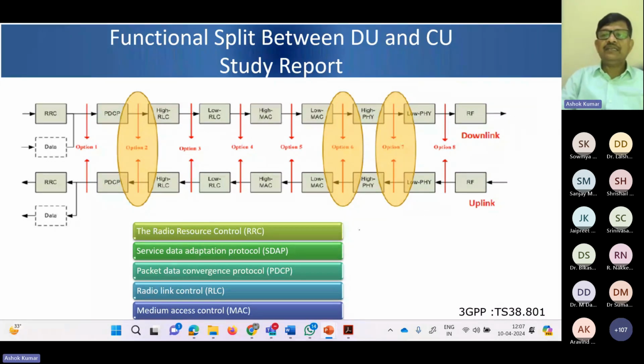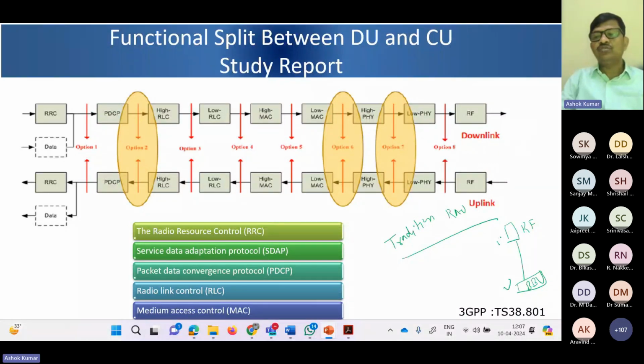Can somebody tell me, in a traditional RAN, what I have is RF on top and BBU below. So which split am I using? Split 1, 2, 3, 4? The split is between these two elements.